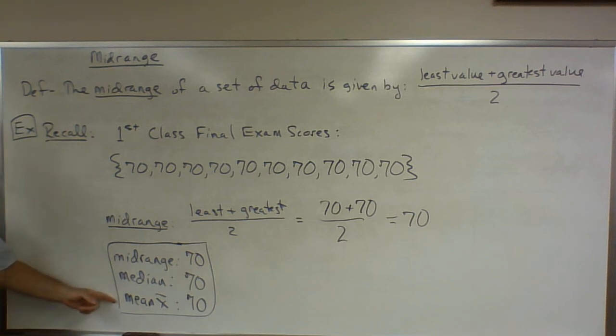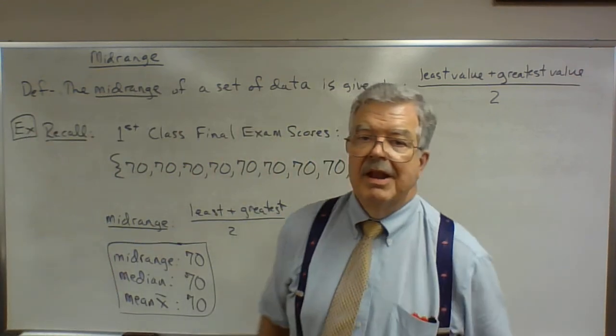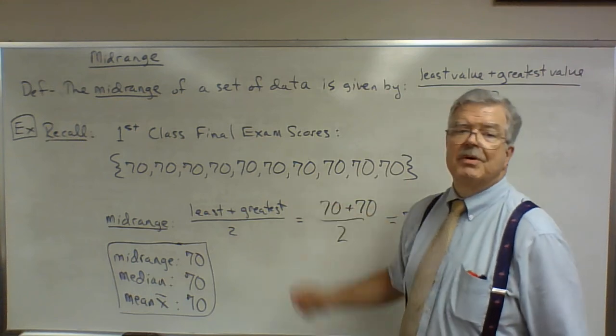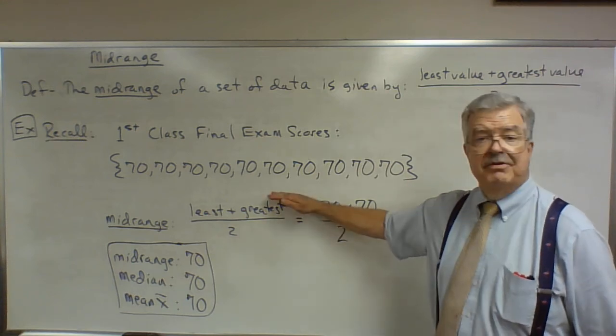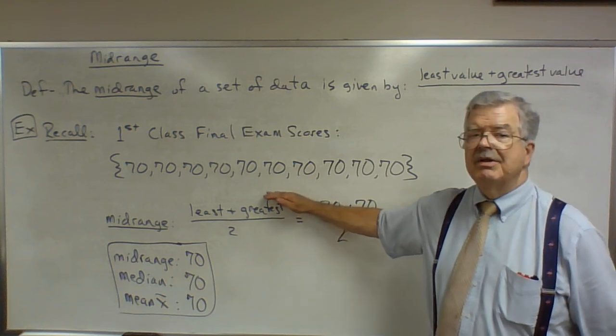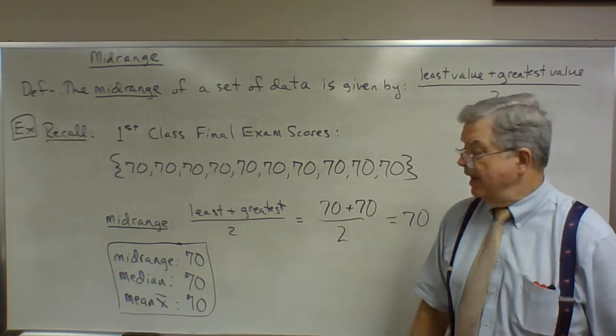These three witnesses testifying together make it pretty clear everybody in the class got a 70. Now again, there are only 10 test scores here. But suppose there were 10,000. We don't want to look at all 10,000. And even if we did, we might not really know what's going on.